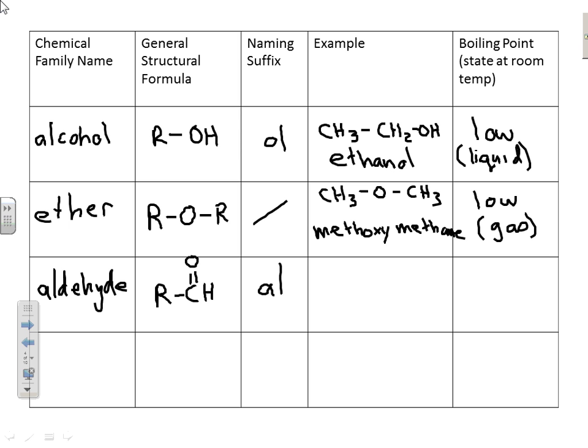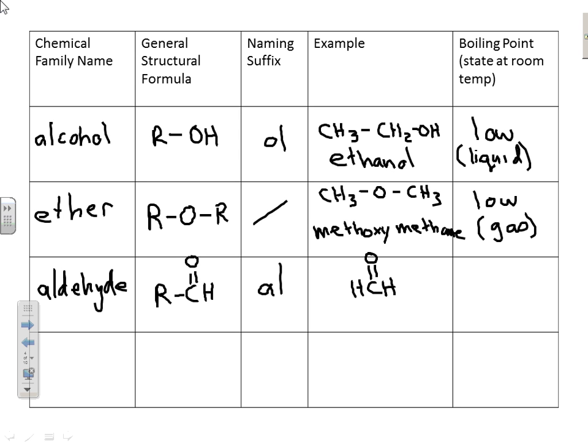And I'm going to draw a very simple aldehyde with the H on the end. And I'm not even going to put another carbon on the end. It's going to get a second H on the end.